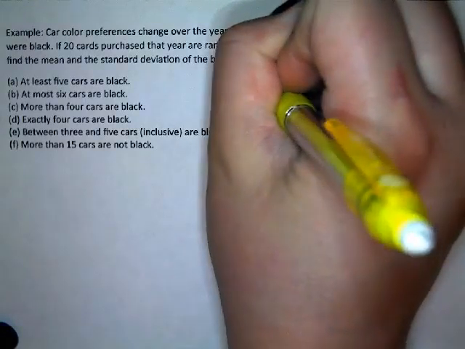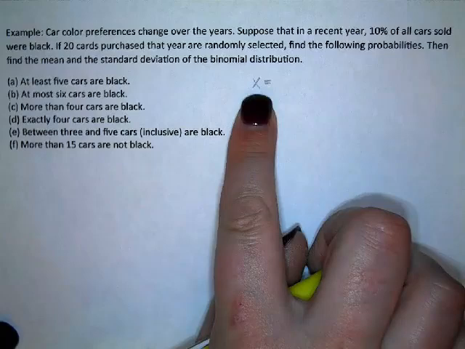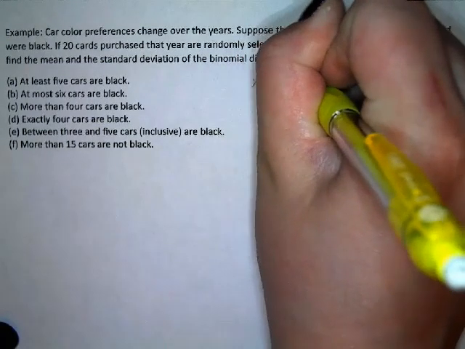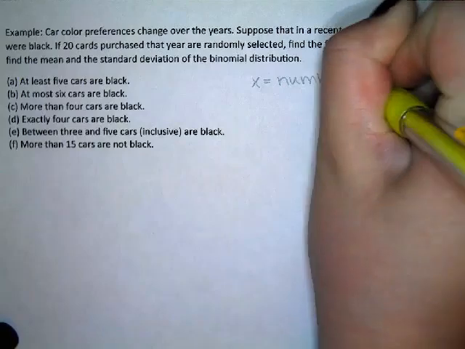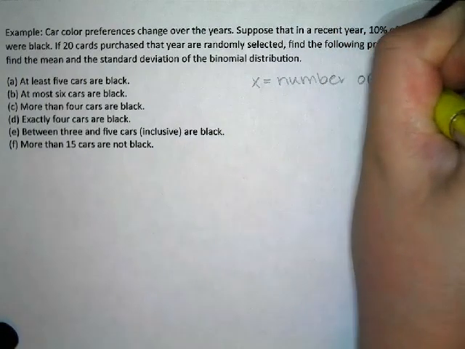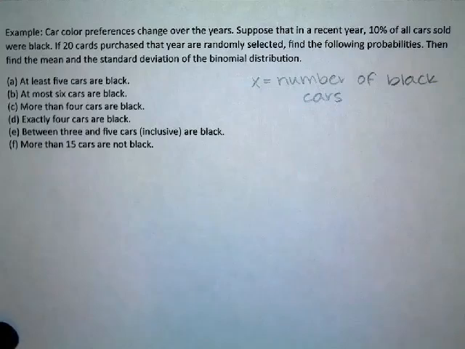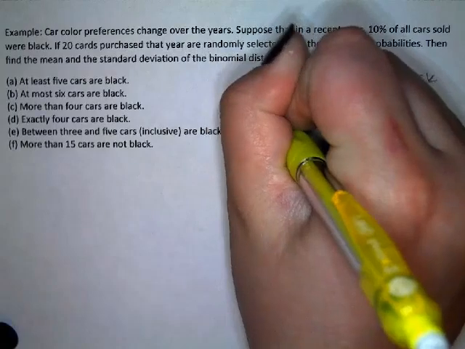So the first thing I'm going to do is define my random variable. X is going to represent the number of black cars. A black car would be a success, a non-black car would be a failure in this case.